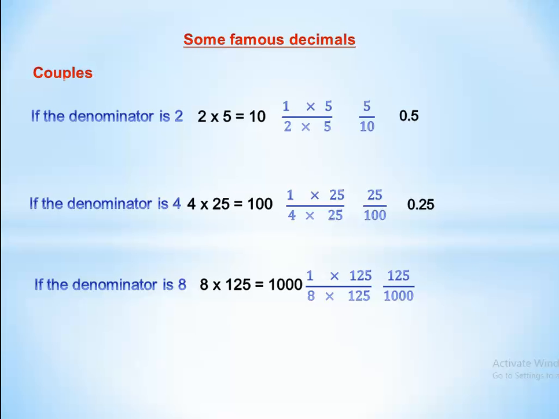So for 1 over 8, multiply numerator and denominator by 125. It will be 125 over 1000, so it will be 0.125.